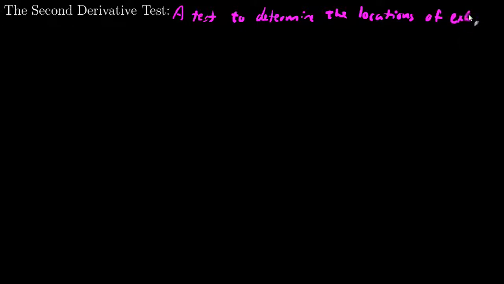In this video, we're going to look at the second derivative test. And so the second derivative test, first off, what is it? Well, it is a test to determine the locations of extrema, maxima or minima.